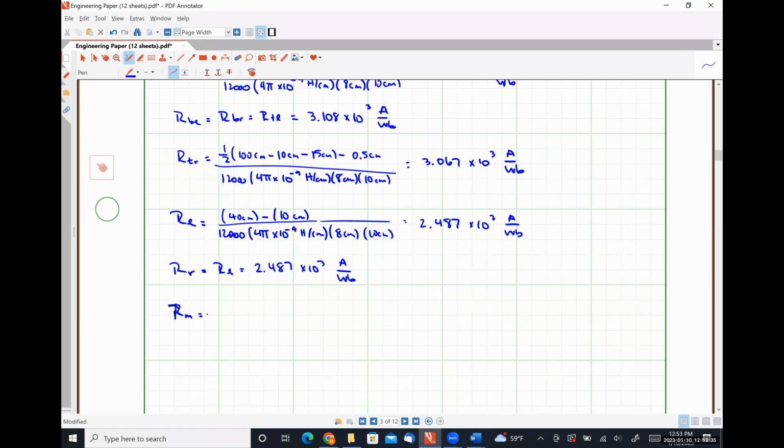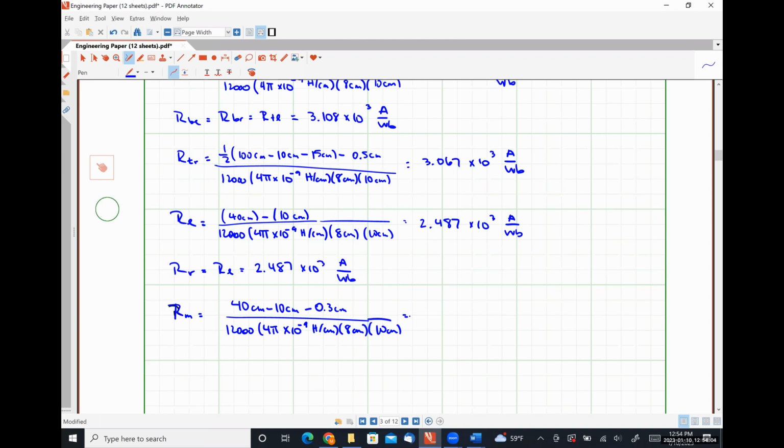So that's going to have the same length, except we're going to subtract LG2, over that same 12,000 times 4 pi times 10 to the minus 9 Henrys per centimeter, 8 centimeter, 10 centimeter.